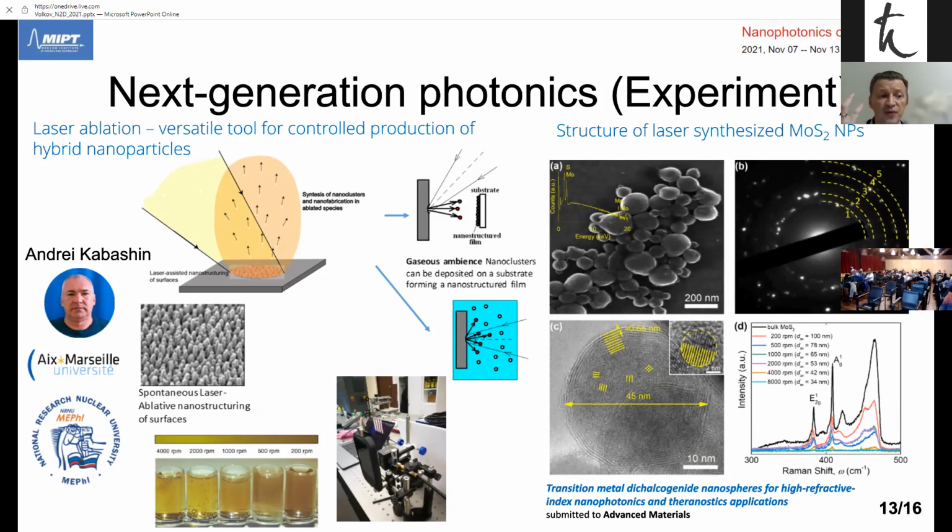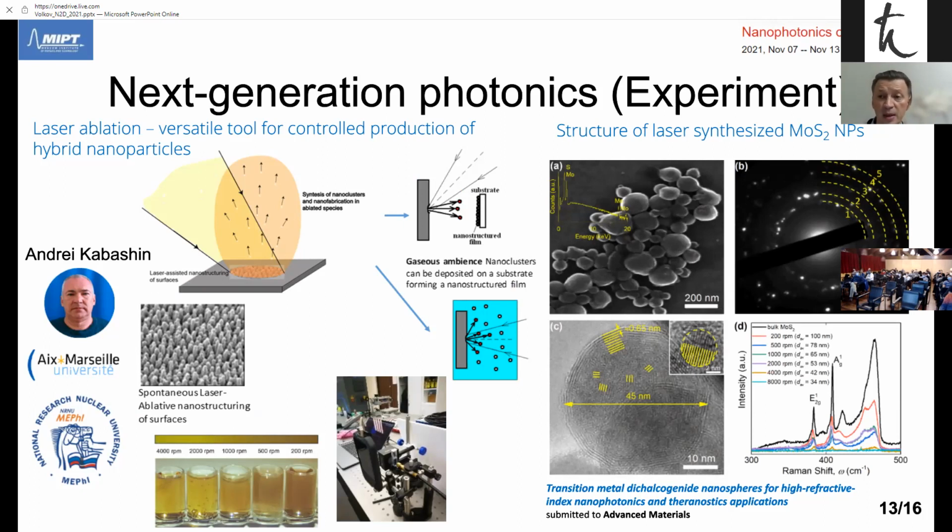Then the surface of the target will become nanostructured. If we do this process in air, then nanoclusters will fly away from the target, and then they could be deposited on some substrates.